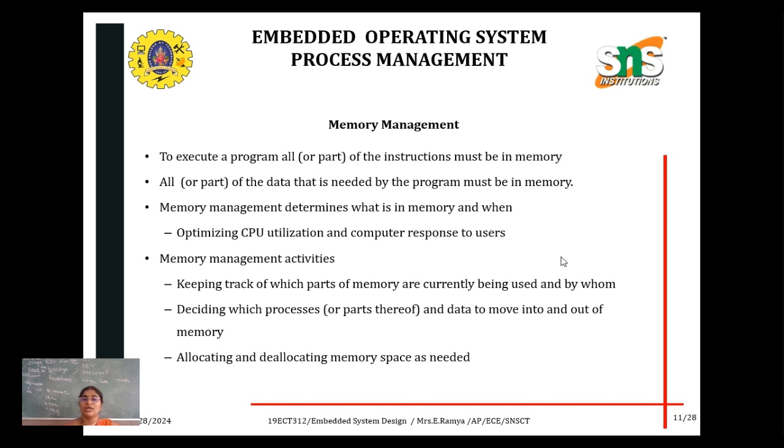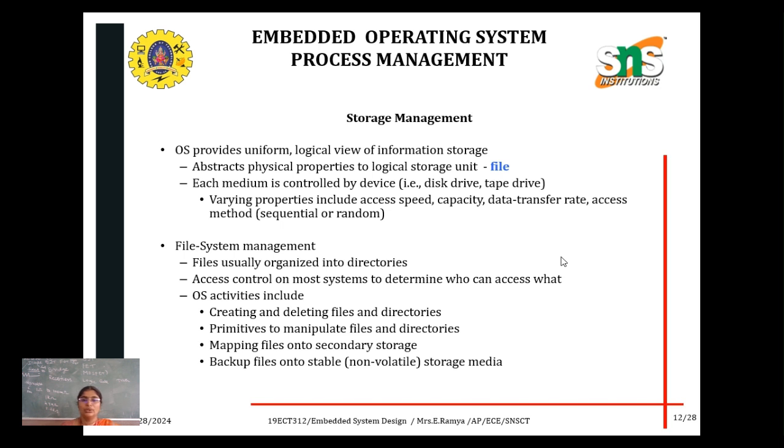Next, we are going to concentrate on memory management in the OS. To execute a program, all or part of the program's instructions must be in memory. So first we have to load that program in memory. Storage management: the OS provides a uniform logical view of information storage.